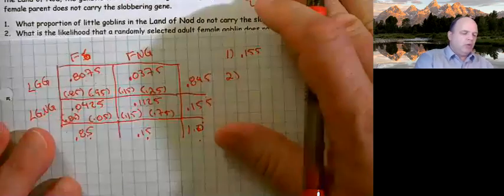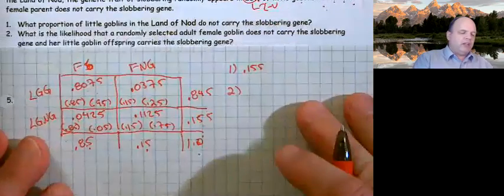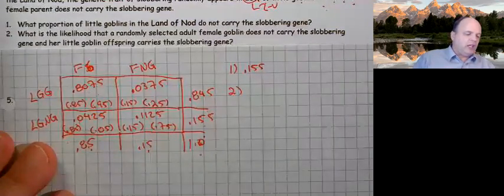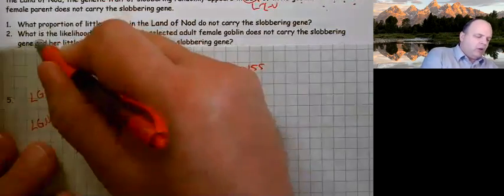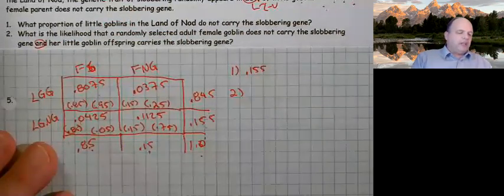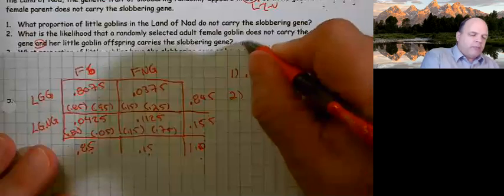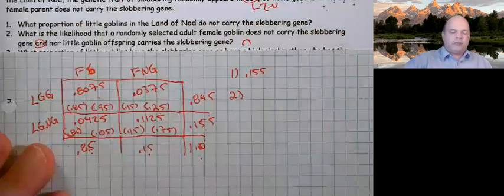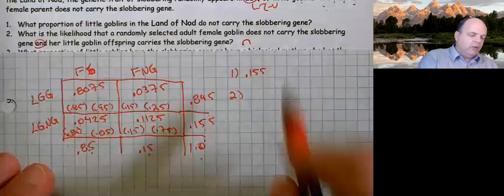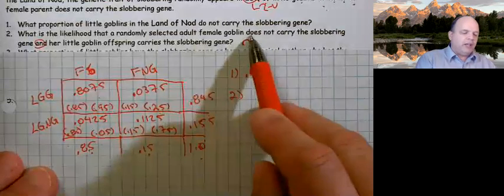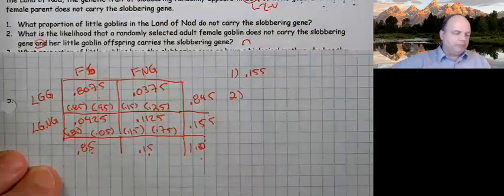Number two, what is the likelihood that a randomly selected adult female goblin does not carry the slobbering gene and her little goblin offspring carries the slobbering gene? Now I see and I go, gosh, this is an intersection problem. All right, so what's the likelihood that a randomly selected adult female goblin does not carry the slobbering gene?